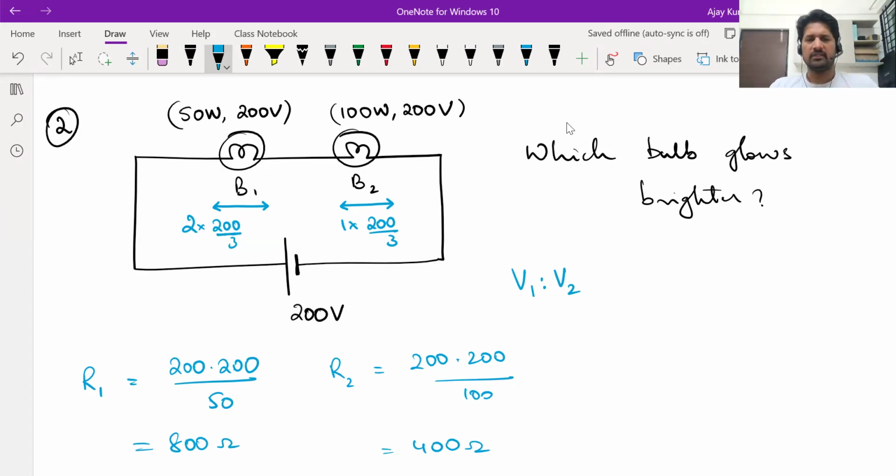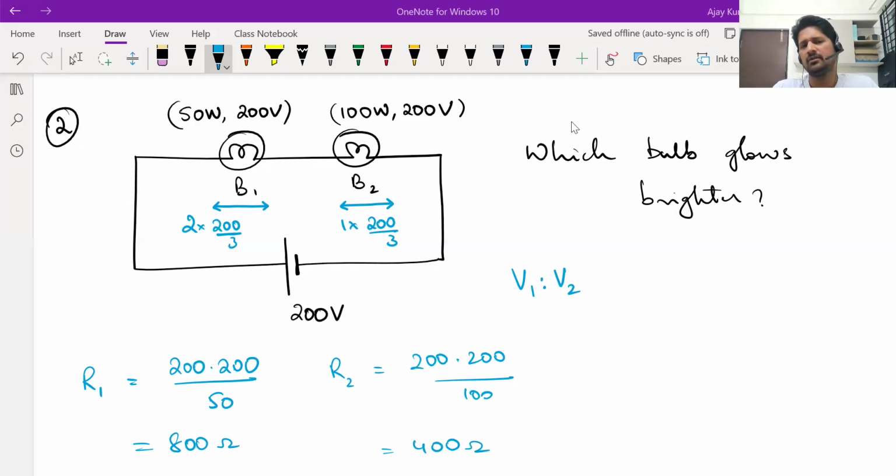Okay, anyway, Isha, what is your answer finally? Which bulb glows brighter? It's the one which has more voltage.